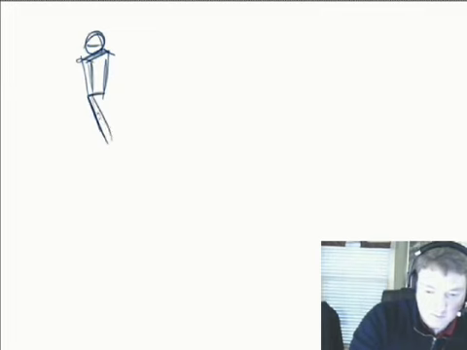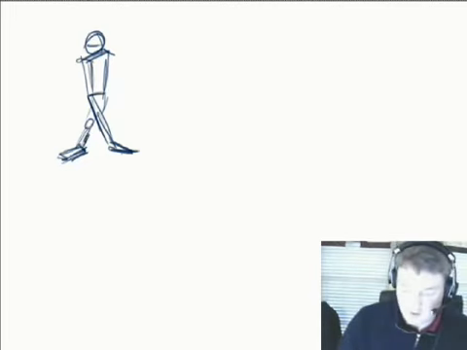We'll draw this kind of from the side. Where this leg's very much forward, and this leg is very much back. And then the top of his foot is actually like so. You see that? It's really crappy, but I think you get the idea.